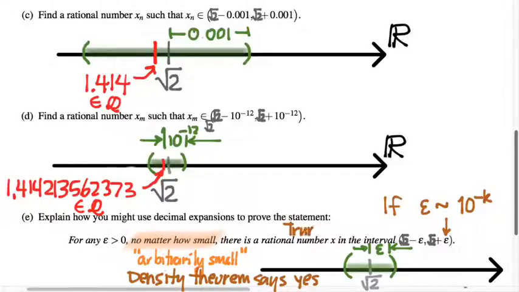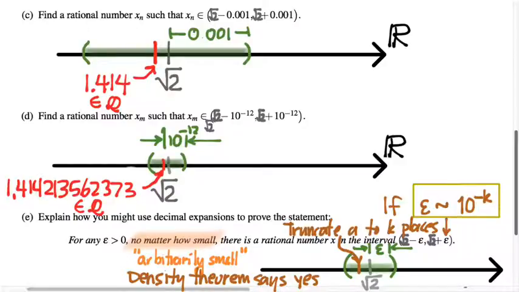Okay. Truncate it to k decimal places. And then I'm going to find that where? Within. Yeah, it's actually going to be a little bit less if we truncate, right? But yeah, it's going to be inside that interval, and it's going to be a rational number because it's a terminating decimal expansion. And then the only question is, what in the world do you mean by if epsilon is of the order of magnitude 10 to the minus k?